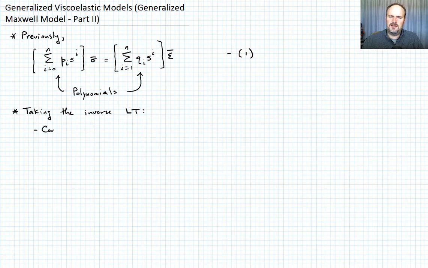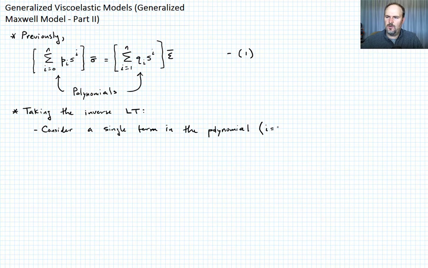Let's consider a single term in the polynomial. Let's choose i equals 3 on the left-hand side. That term is just going to be p3 s cubed sigma bar. We can take the inverse Laplace transform of that.